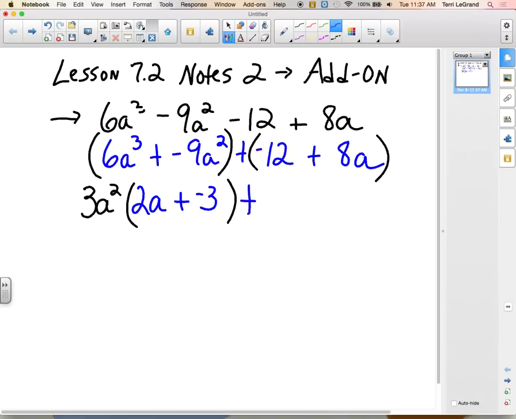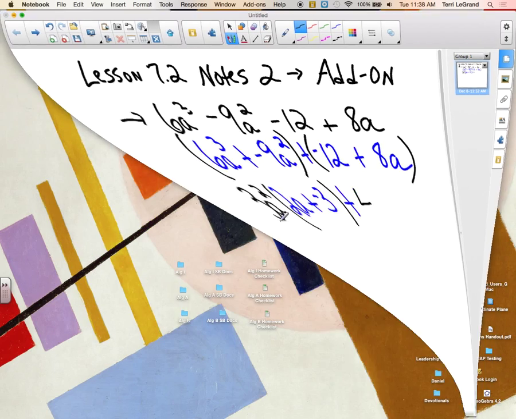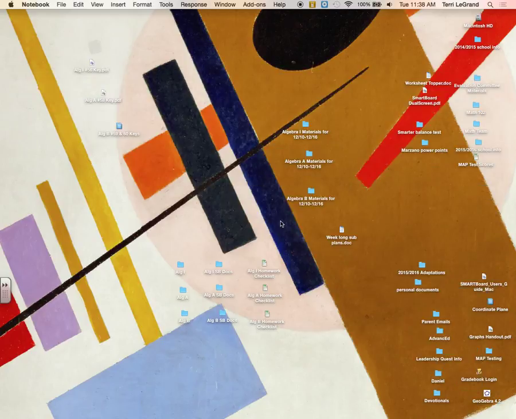Okay? Now let's look at our second group. What's the largest number that can be divided out of negative 12 that can also be divided out of 8? Brighton? 4. Okay, so we're going to say 4. And how do you feel about trying to take some a's out? We can't? How come?